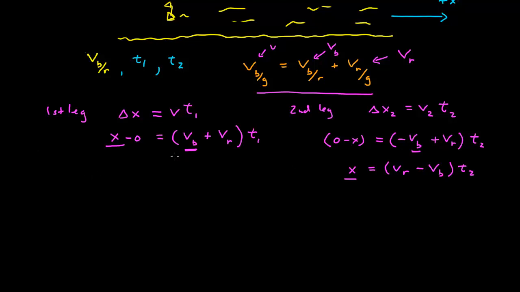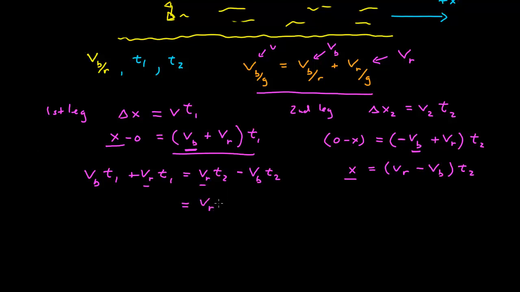From the first part, v sub b times t1 plus v sub r times the first time is equal to, over here, the velocity of the river relative to the ground, t2, minus the velocity of the boat relative to the river, t2. So I want to solve for the velocity of the river relative to the ground, so I'm going to combine these terms. We'll bring that over to the right side here.